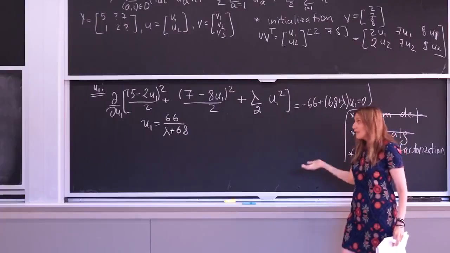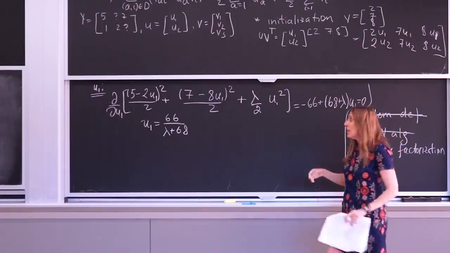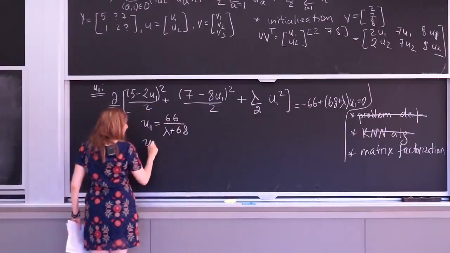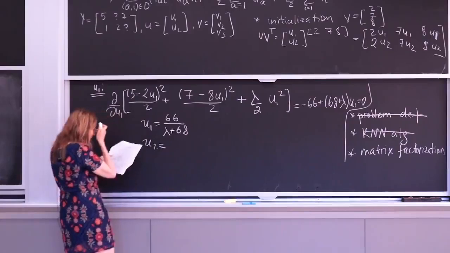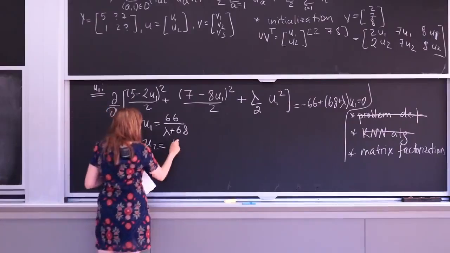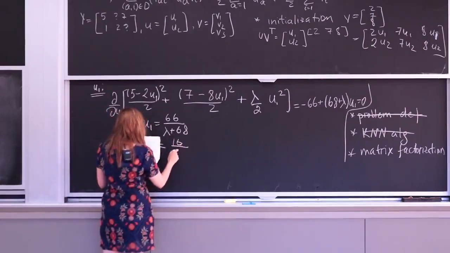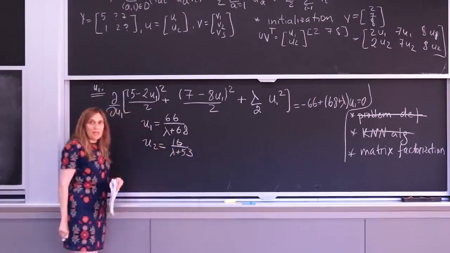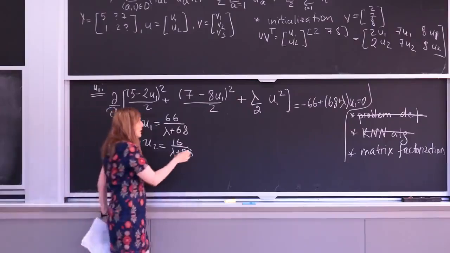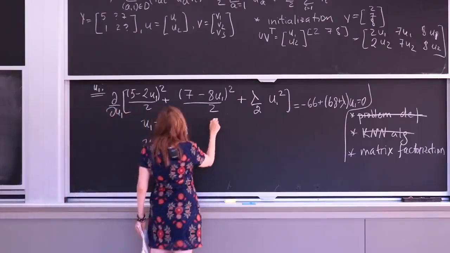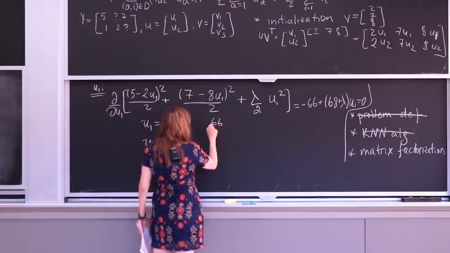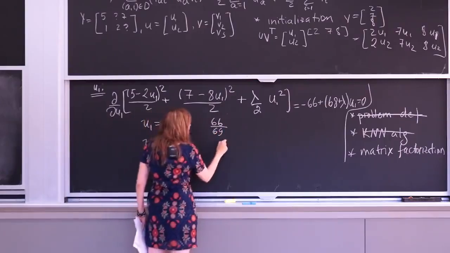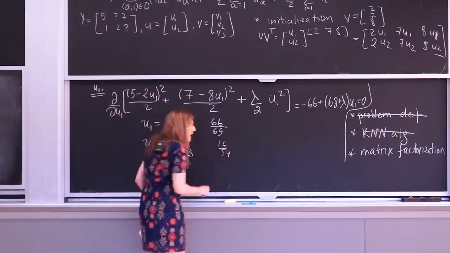We will take the derivative, make it equal to 0, and if we complete this computation, which you will do as an exercise, you would get u2 equals 16 divided by (lambda plus 53). So for instance, if we make our lambda 1, we will get u1 to be 66 divided by 69 and u2 to be 16 divided by 54.